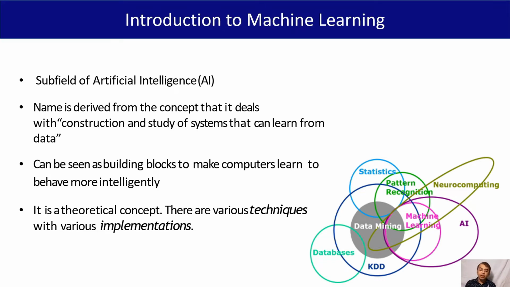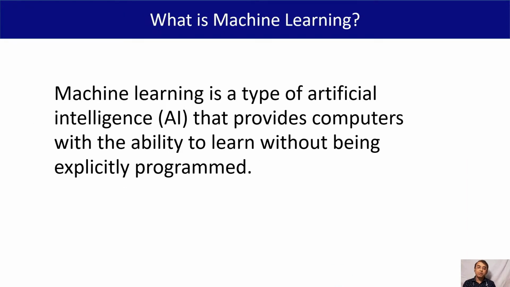It is a theoretical concept, therefore there are various techniques with various implementations. I will discuss all these techniques. What is machine learning? Machine learning is a type of artificial intelligence that provides computers with the ability to learn without being explicitly programmed. That means you have to teach the machine, by which the machine will be intelligent enough to answer your question.